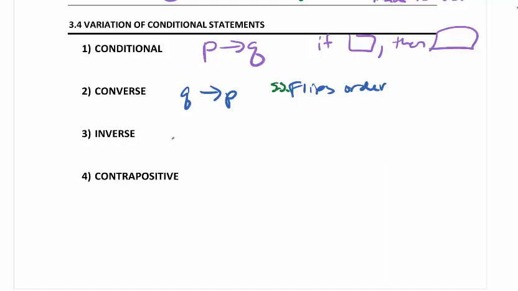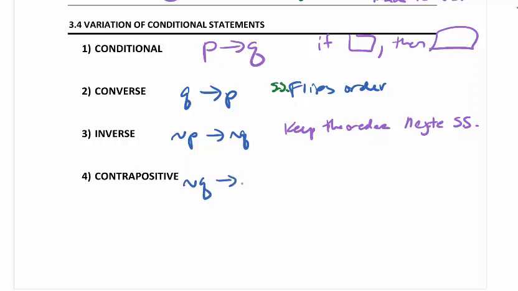My inverse says keep the order, but negate your simple statements. Keep the order, negate simple statements. My contrapositive says negate my simple statements and flip the order.